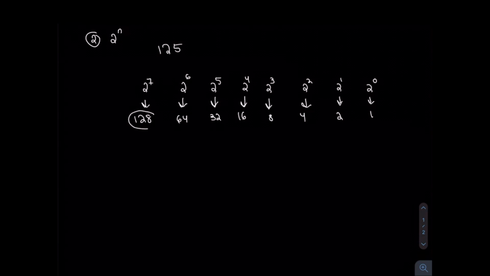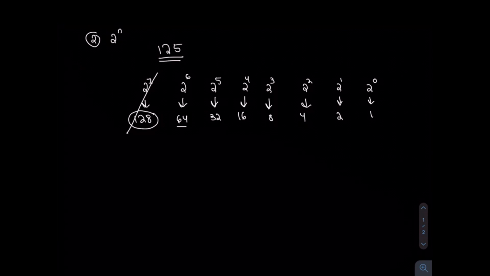This number is bigger than the number that we want to convert. So when we list the numbers, we want to stop at the number that is less than the number that we want to convert. So here we won't be using 128, so we will be stopping at 64.